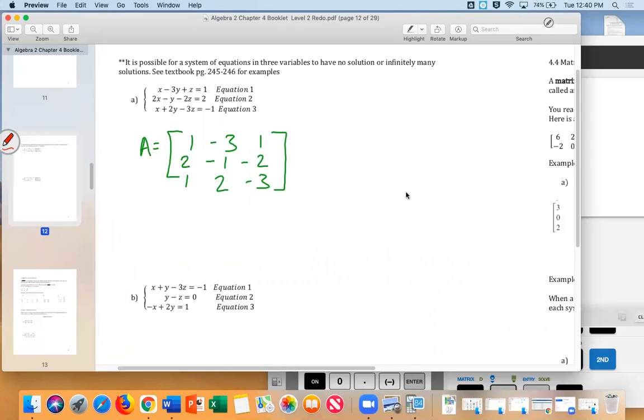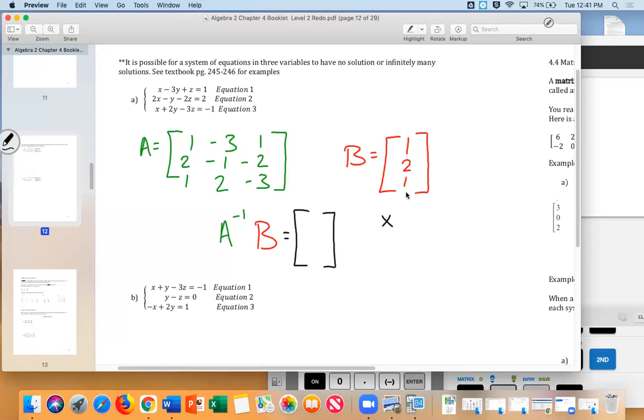Matrix B: 1, 2, 1. A inverse B equals. I'm going to get some answer. X equals, Y equals, Z equals. Ready for it?